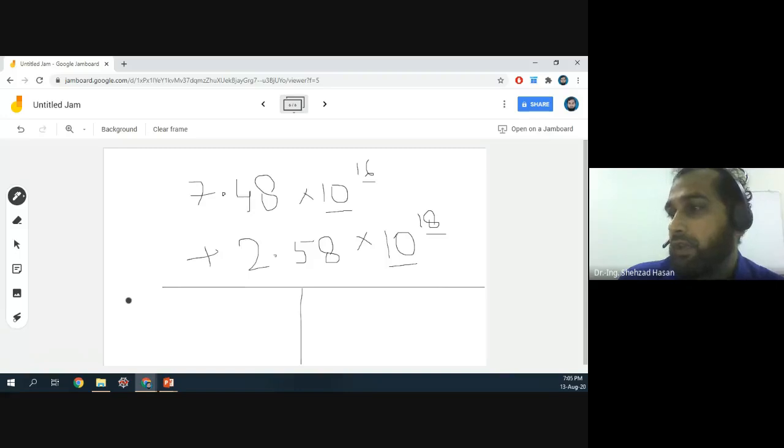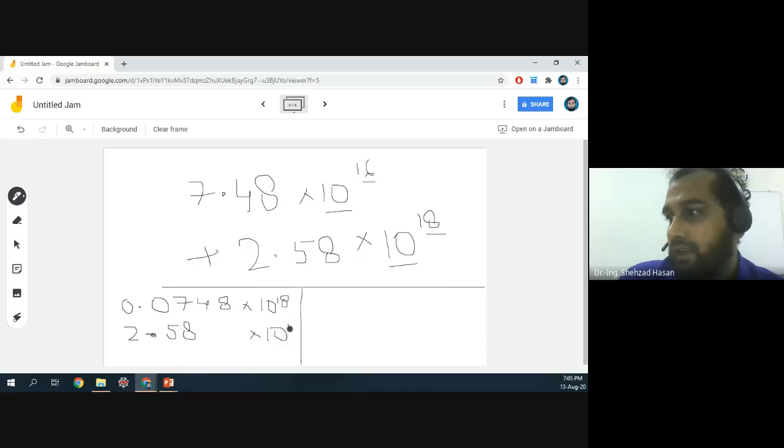So what are the two different ways? So I can write this as 0.0748 into 10 raised to power 18 and added with 2.58 into 10 raised to power 18.